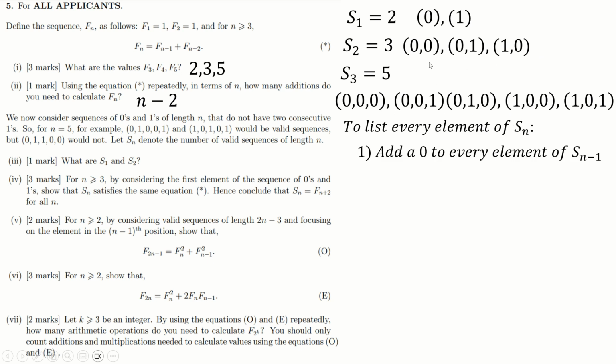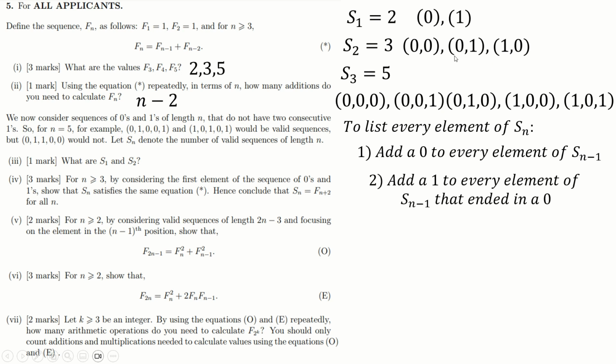Well, the ones that end in 0s are the number of things in their previous set, right? Because this just had a 0 put on the end of it to make this, and this had a 0 put on the end to make this. So the number of ones that end in 0 in this set is the same as the number of things in the previous set. So those ones that I'm going to add a 1 to are just the number of things in the set before the one that you're thinking about.